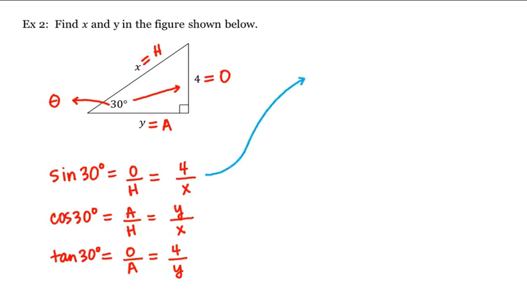Now we can use this first equation to solve for x. So we have sine of 30 degrees, which is 1/2, is equal to 4 divided by x. And then cross-multiplying, this gives us that x is equal to 2 times 4, or 8. Now to solve for y, we can use either of these last 2 equations.